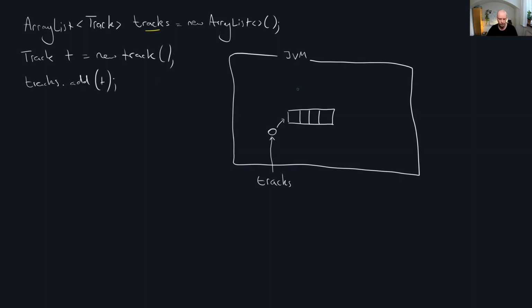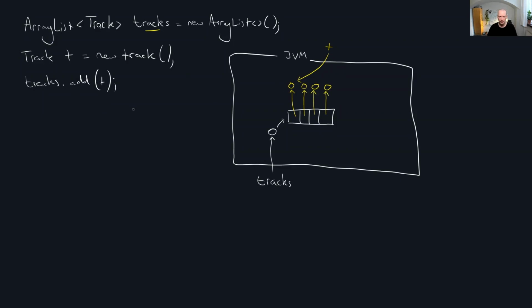Again, the reminder here is that when we're adding something to an array list, what we're really doing is adding a reference to that particular object. And you can imagine that we can populate this array list with a lot of different tracks. Okay, that's the first part.